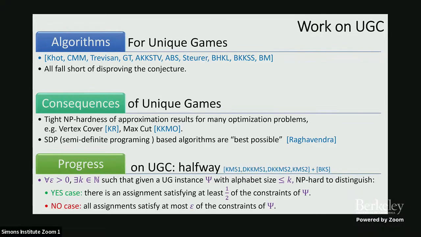So let me elaborate a little bit about these consequences of unigames. We are in the analysis of PCPs semester, so analysis should enter the picture at some point. And I will just say that behind almost every one of these consequences lies a very nice analytical theorem with Fourier coefficients, influences, everything that we like in this semester. So here is an example. This is this vertex cover result.